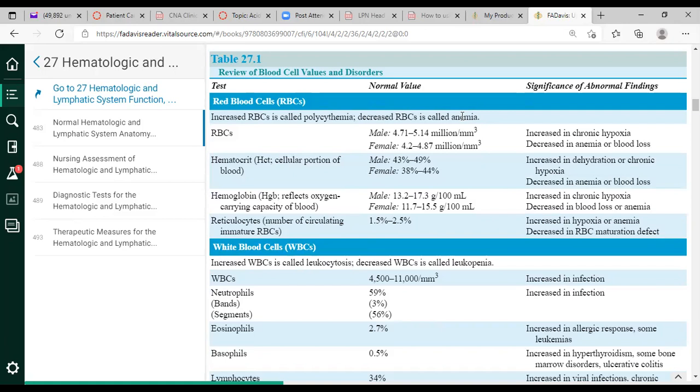Hematocrit and hemoglobin can actually increase in dehydration, those types of things. White blood cells, you need to know the normal range.